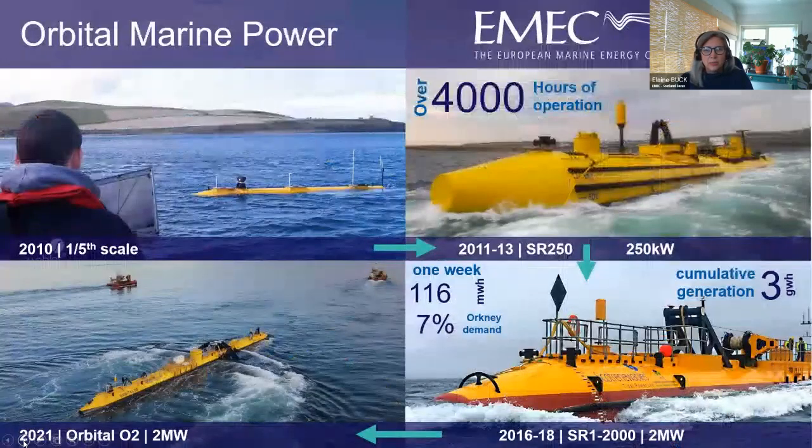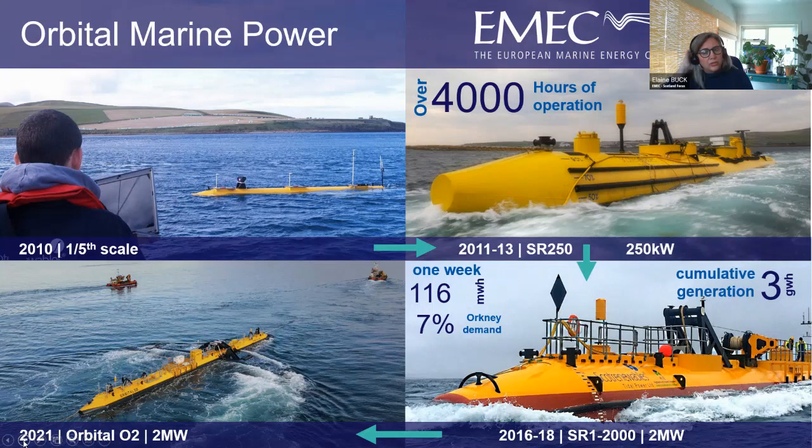I don't want to take too much away from either Chris or Cameron's presentation, but I just wanted to talk a little bit about the trajectory of Orbital. When they came up to Orkney and deployed, they had a 1/5 scale device back in 2010, and then they developed the SR250, which was deployed at our site from 2011 to 2013. Quite significantly, they had over 4,000 hours of operation, so lots of learning with that 250 device.